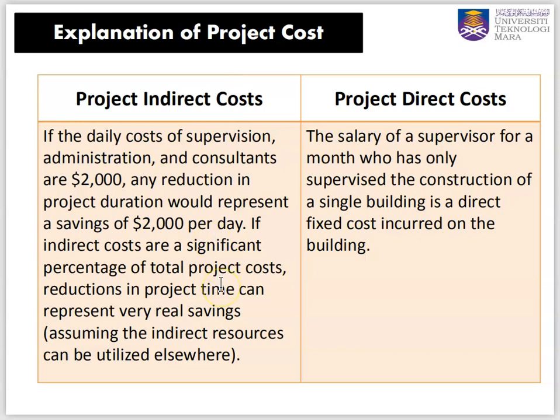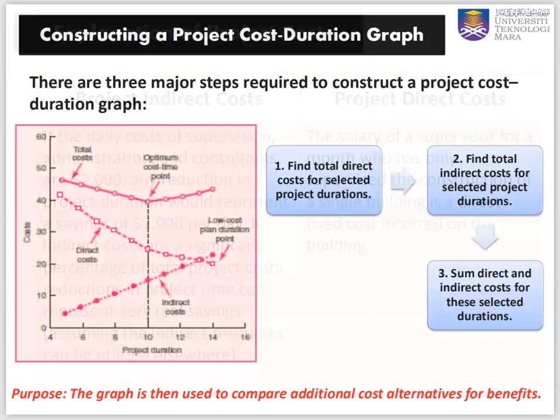So these are why indirect costs are significant when reducing the project duration. Whereas for project direct cost, take the monthly salary of the supervisor: increasing the project duration will increase it, so it is a fixed cost incurred on the building.